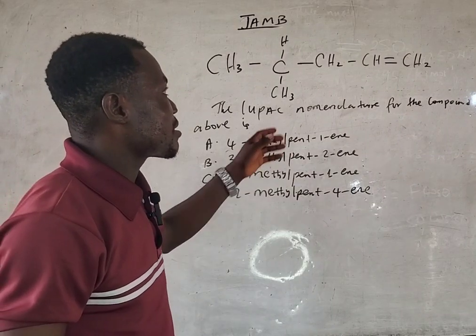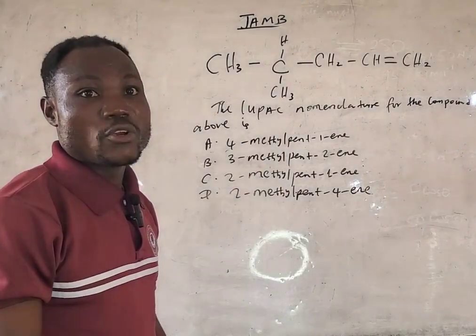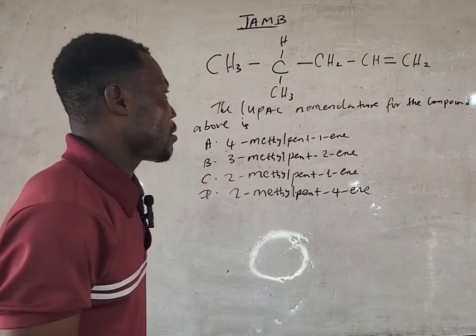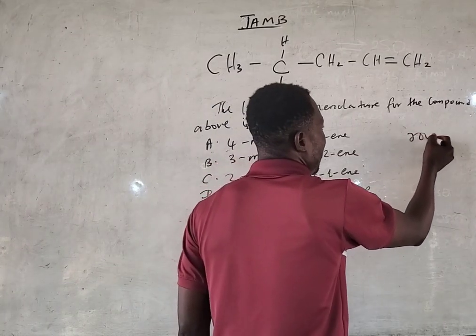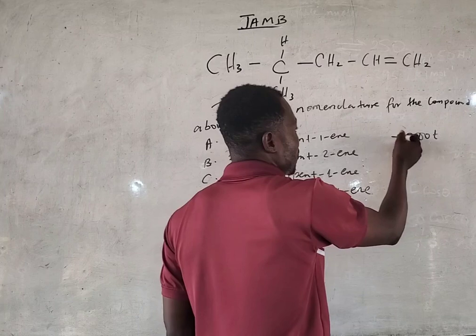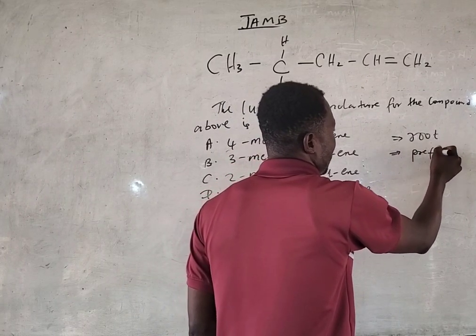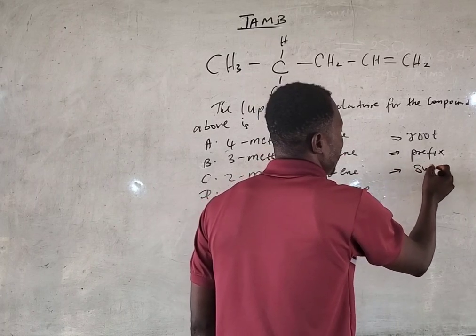For you to name this, the first thing you have to do is to identify the roots. In naming an organic compound, there are three things you need to identify: the first is the root of the compound, the second is the prefix, then you identify the suffix.